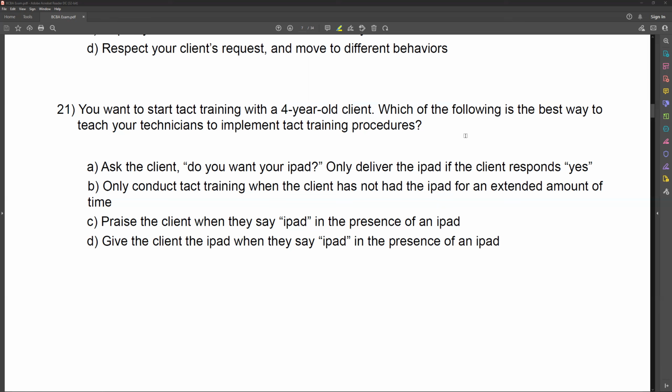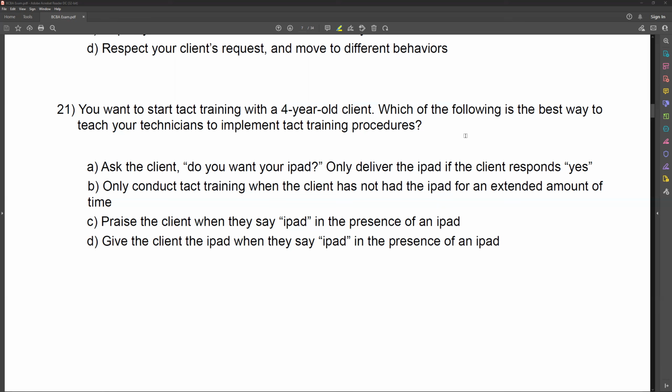On the BCBA exam, they are going to test your knowledge on what evokes certain verbal operants and how you reinforce them. Mands are evoked by motivating operations, and you reinforce mands with whatever was requested. TACTs are evoked by nonverbal SDs and can be reinforced with generalized conditioned reinforcers.